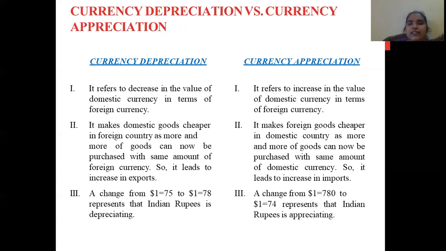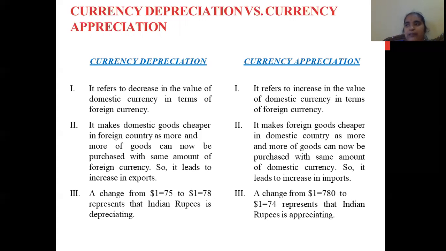Now we can see the difference between them. The first difference: depreciation is a decrease in the value of the domestic currency in terms of foreign currency, and appreciation means an increase in the value. When there is currency depreciation, it makes domestic goods cheaper.